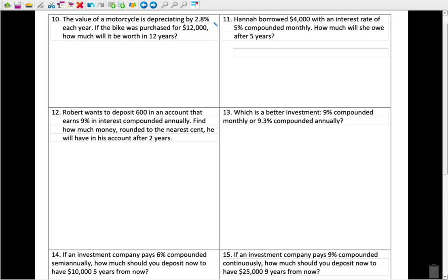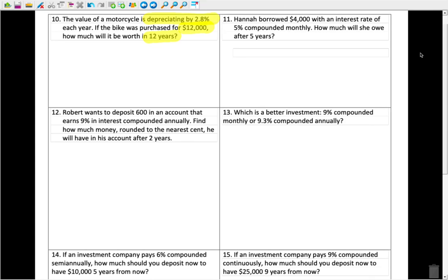Number 10, the value of a motorcycle is depreciating by 2.8% each year. The bike was purchased for $12,000. How much will it be worth in 12 years? So depreciating at a rate of 2.8%, initial cost of 12,000, and the time period is 12 years.